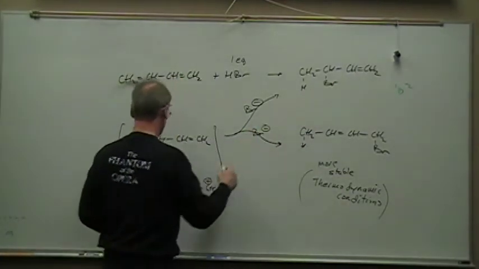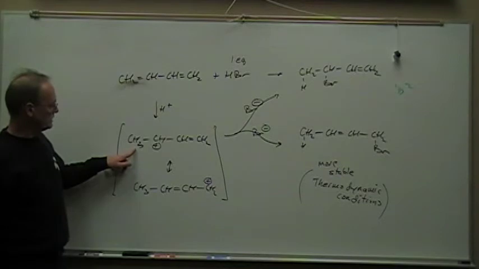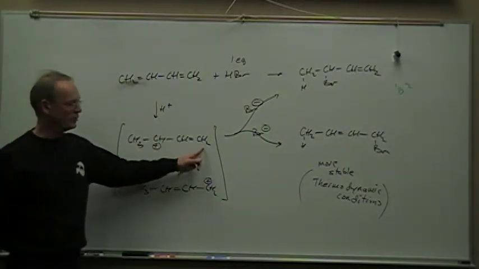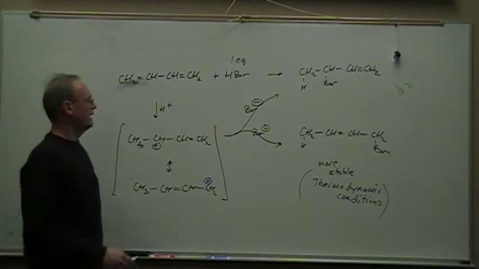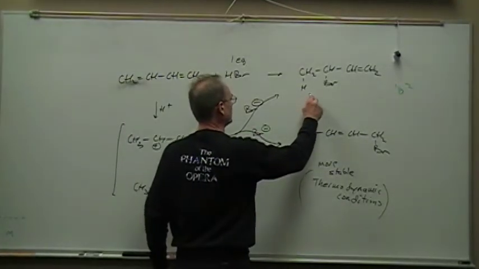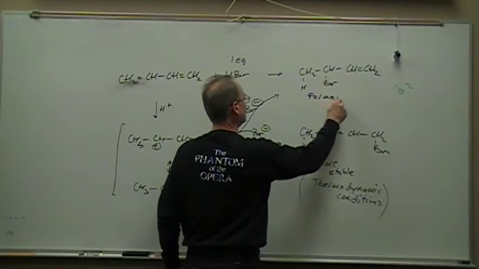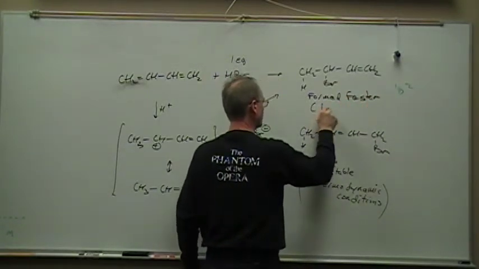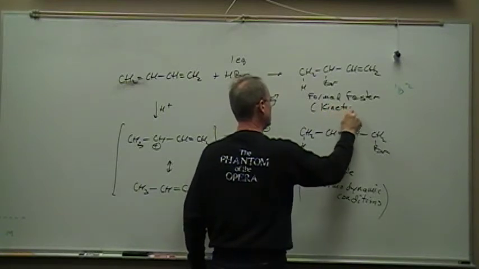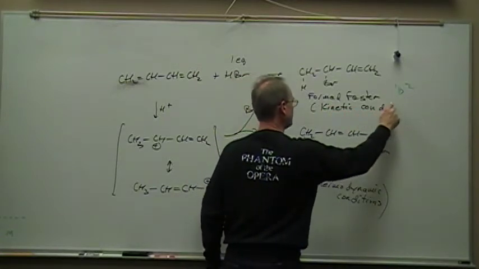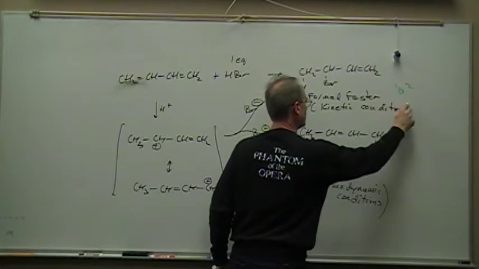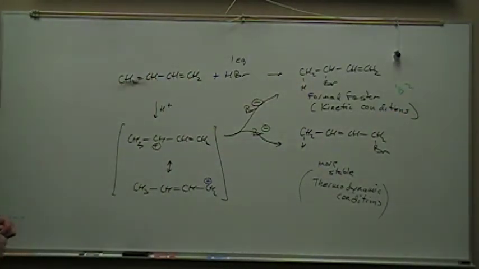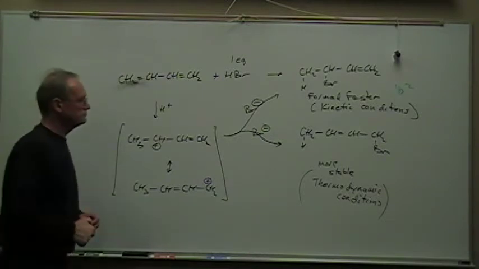This one is formed faster because as soon as the HBr protonates this, the Br minus is right there, gets sucked right onto the positive charge. It doesn't have to travel all the way down to the other end of the molecule. And so that's faster. So this is formed faster, meaning it's the major product under kinetic conditions. Just exactly like we saw with the addition of Br2 to the diene system.